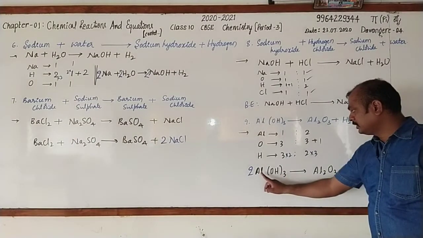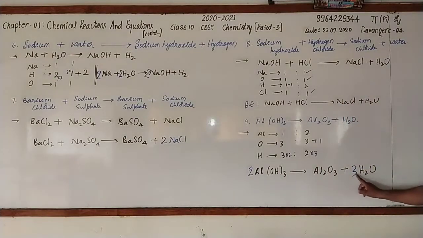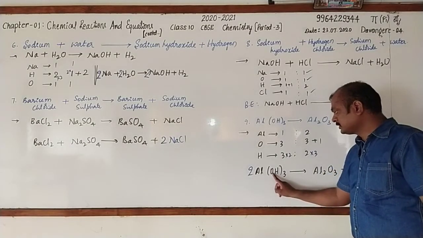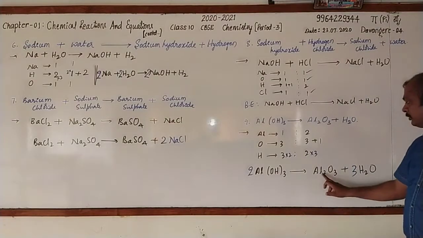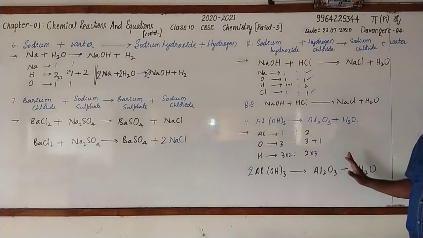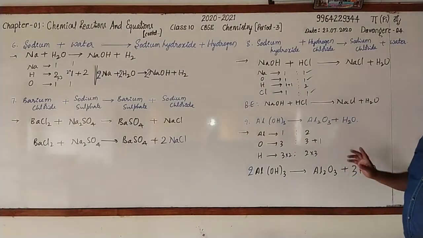Here 2 3s are 6. Oxygen 3 atoms of oxygen plus 3, 6. Here 2 3s are 6. 6 atoms of oxygen. Aluminium 2. Here aluminium 2. Hence the equation is balanced. Clear? Yes, please go for copying from there to here.